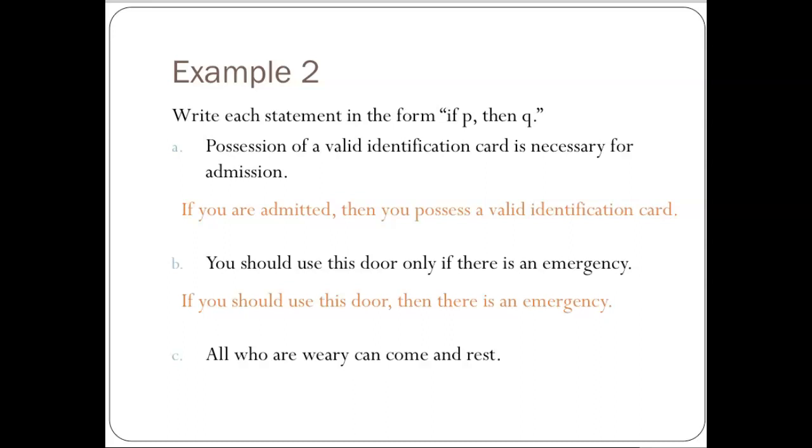Okay, this one's a little bit tricky because you see the if there, so you automatically start thinking that that must be the if part. But this is only if. So if you go back to the statements that you wrote down earlier, it's P only if Q. Okay, so P is the antecedent, Q is the consequent, so if you should use the door, then there is an emergency.